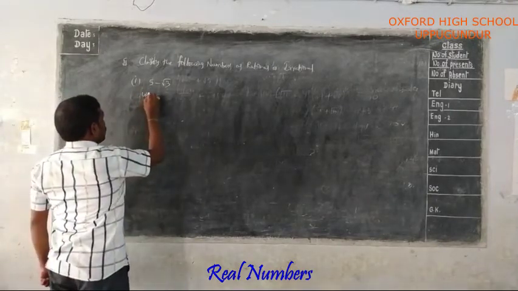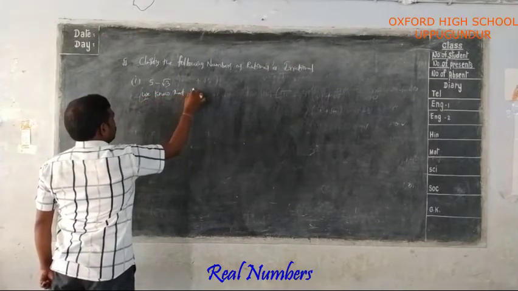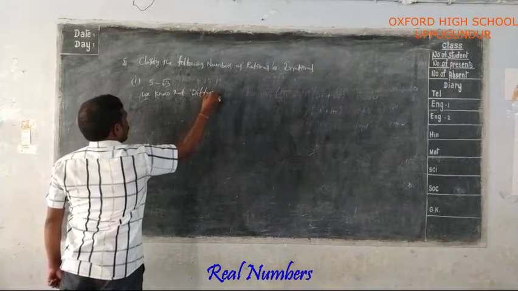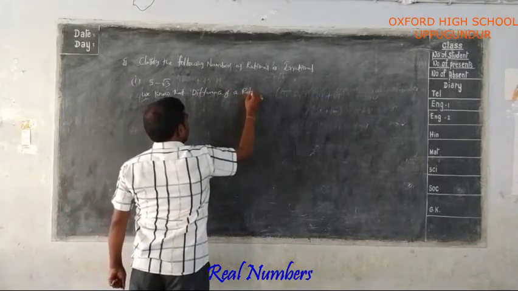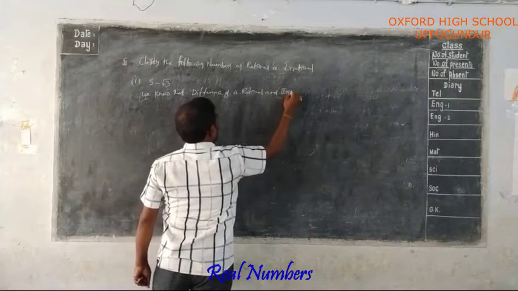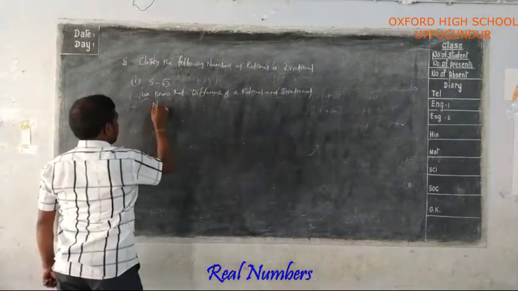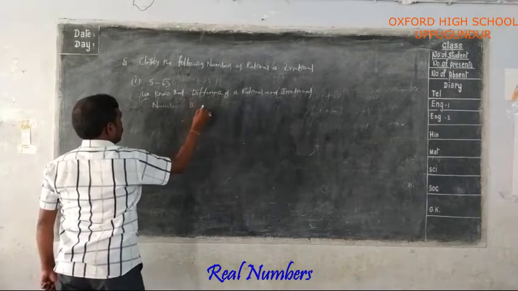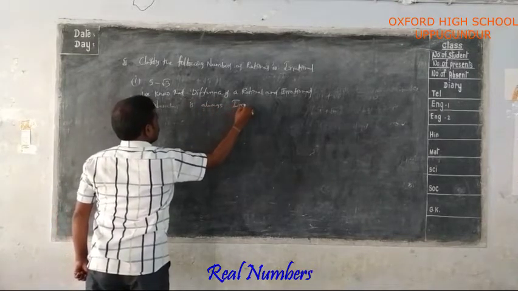So we know that the difference of a rational and irrational number is always irrational.